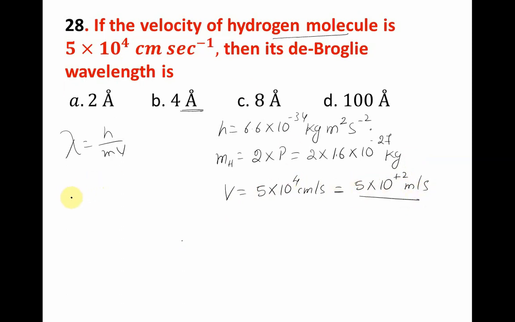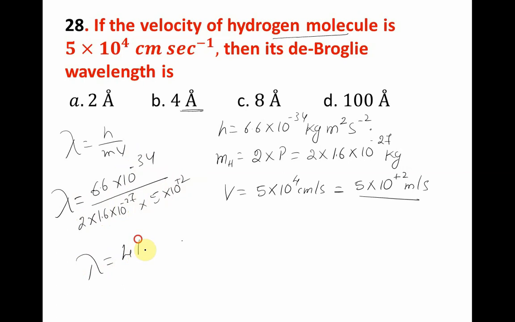Substituting the data into this equation, lambda is equal to 6.6 into 10 to the power of minus 34 divided by 2 into 1.6 into 10 to the power of minus 27 into 5 into 10 to the power of 2. We get lambda is equal to 4 Angstrom. How? Solve it.